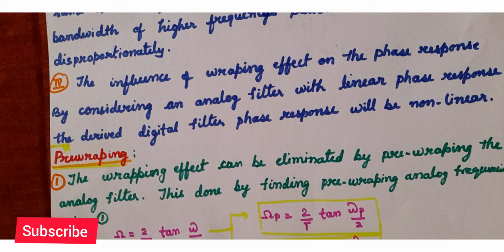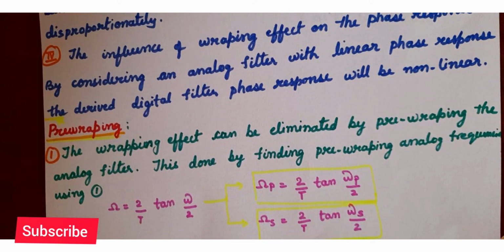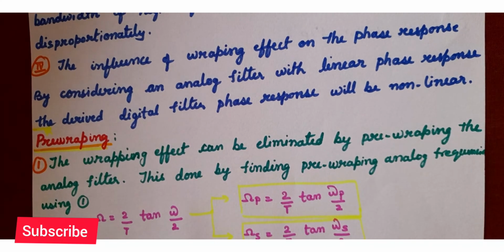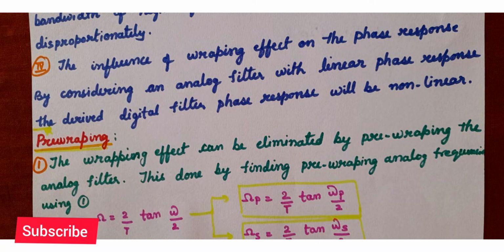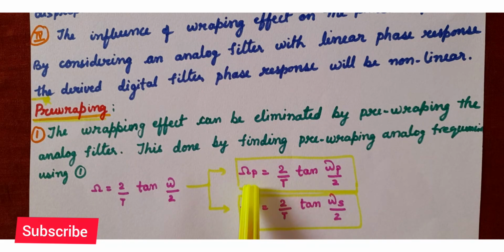So, how can it be avoided? The warping effect can be eliminated by pre-warping the analog filter. This can be done by pre-warping the analog frequencies. That is, before transforming, we have to find the pre-warped analog frequencies: Ω_p, the pass band analog frequency, and Ω_s, the pre-warped analog frequency at the stop band.